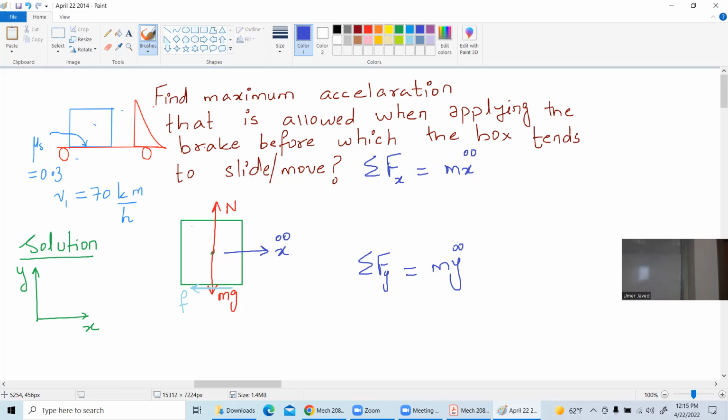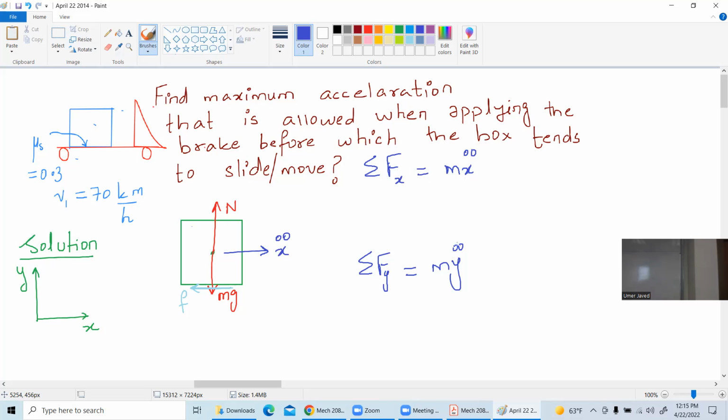The car is going towards right at 70 kilometers per hour. And at a certain point, the driver puts foot on the brake. I will tell you. The question says applying the brake. So at 70 kilometers per hour, the person puts the foot on the brake.